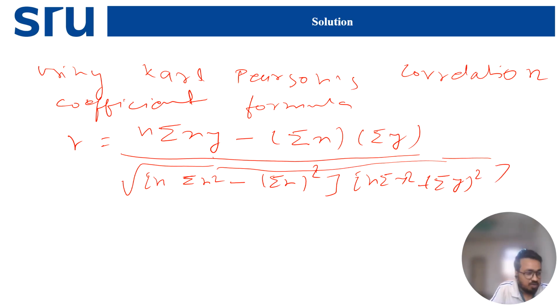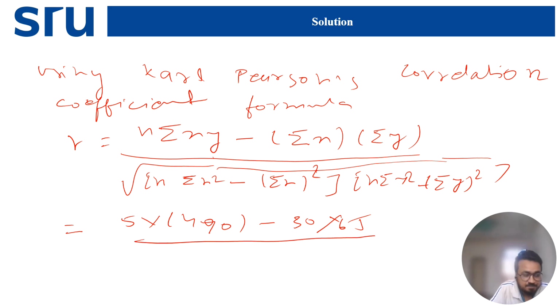So here, n equals what? We can see that the total number of observations is 5. That's why n equals 5. So now we will put in all the values. n equals 5, summation xy is 470, minus summation of x is 30, summation of y is 65, right? Divided by the square root of n equals 5, summation x square is 220, minus summation x whole square, that is 30 whole square, which is 900, right?